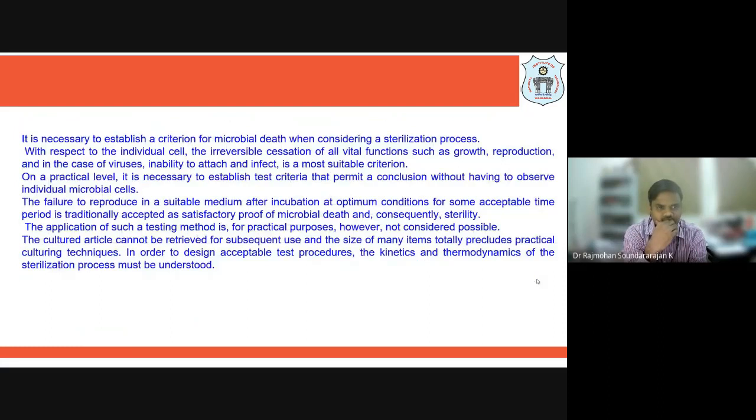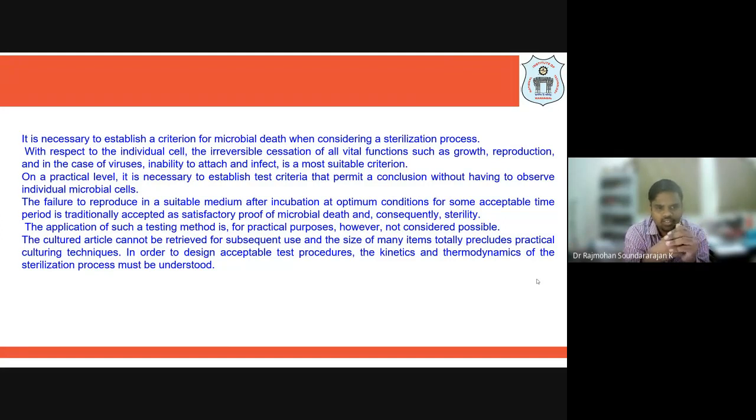Okay, so it is important to establish a criterion for microbial death when we are choosing a sterilization technique for a given application. With respect to the individual cell, the irreversible cessation of all vital functions such as growth and reproduction, and in the case of viruses, the inability to attach and infect, is the most suitable criterion.